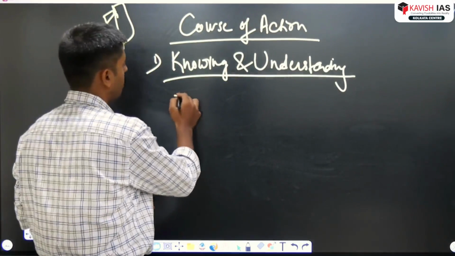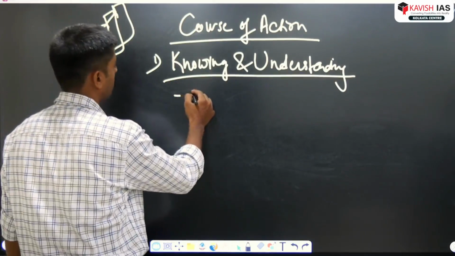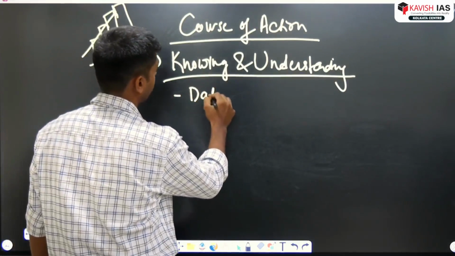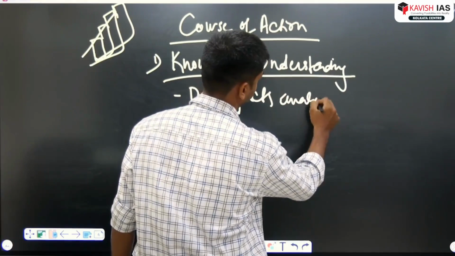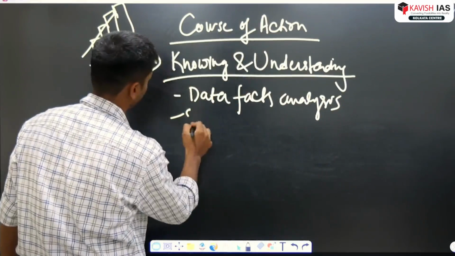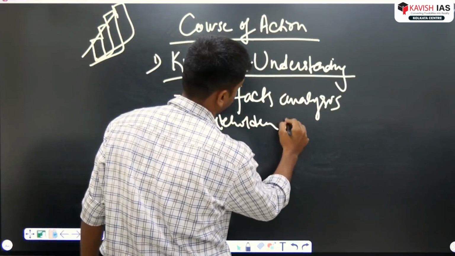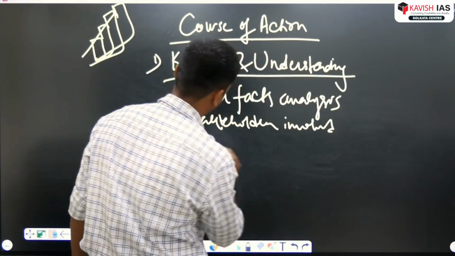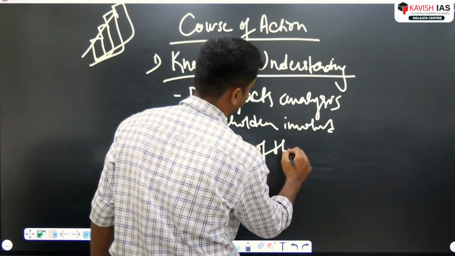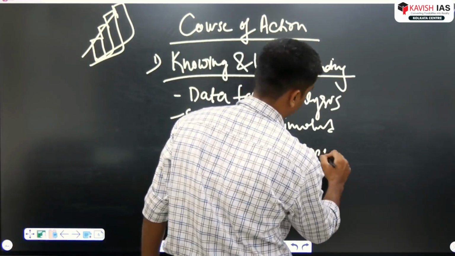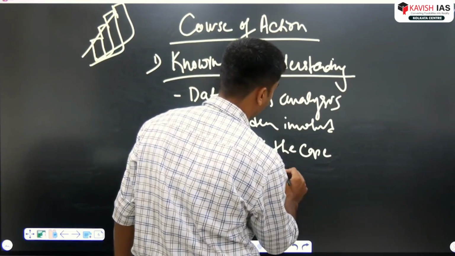So if this is further to be bifurcated, then knowing and understanding comprises data and facts analysis, stakeholders involved in it, and duration of the case, that is, since how long the issue has been there.